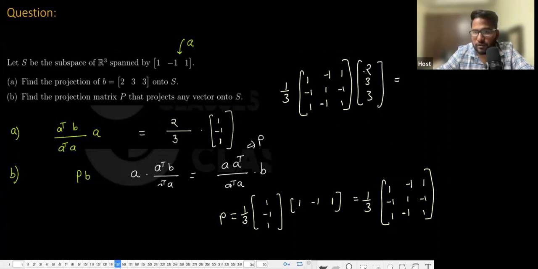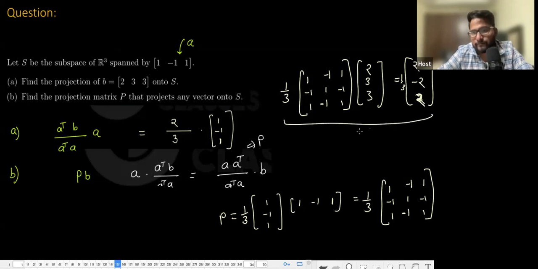So this is 2 minus 3, 3, 2, right? Minus 3 and 3. It is 3 into 1 by 3, right? This is 2. So 2 minus 2 and 2. So basically, you are getting the same projection. Obviously, you should be getting the same projection. This is just to verify.